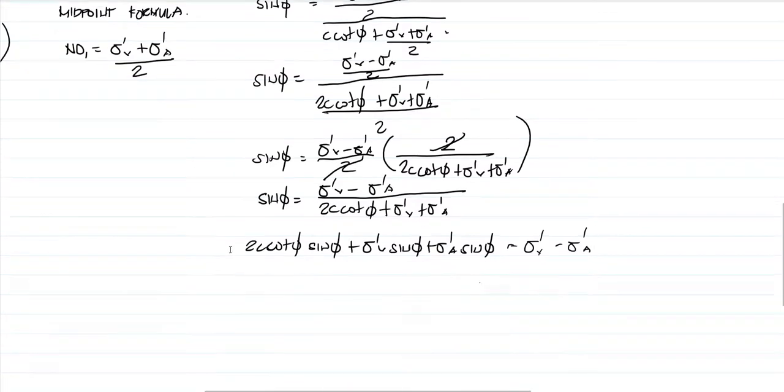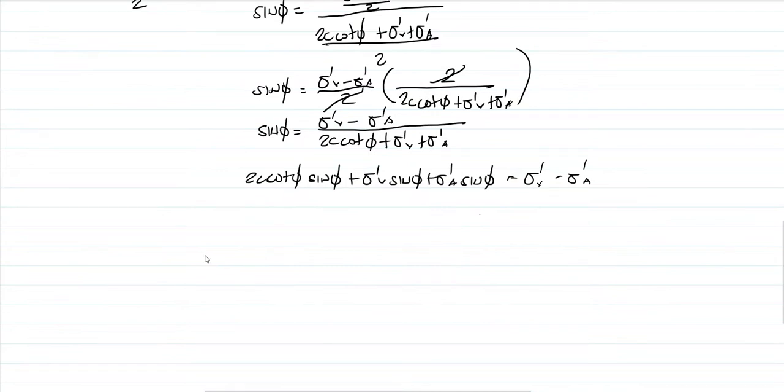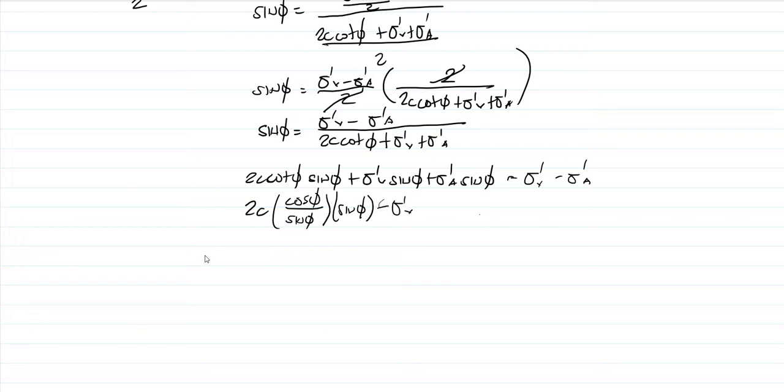So, simplify na rin natin yung cotangent ng phi at yung sine phi. So, we could have 2C cotangent of phi, or that is, yung cotangent is cosine of phi divided by sine of phi times sine of phi plus, lipat natin dito yung sigma prime B. So, that is negative sigma prime B plus sigma prime B sine of phi.